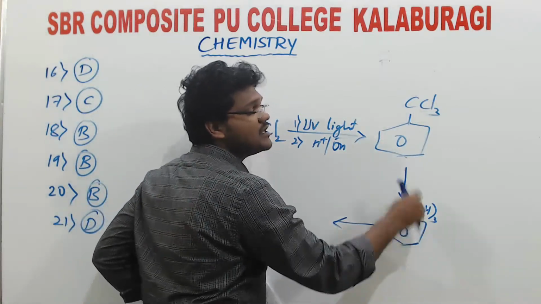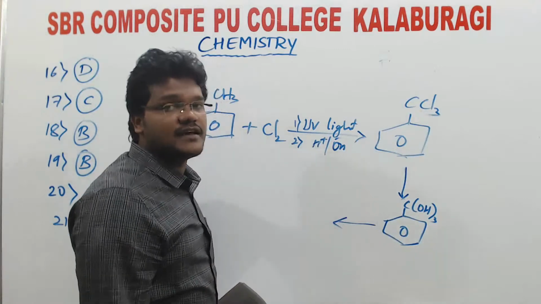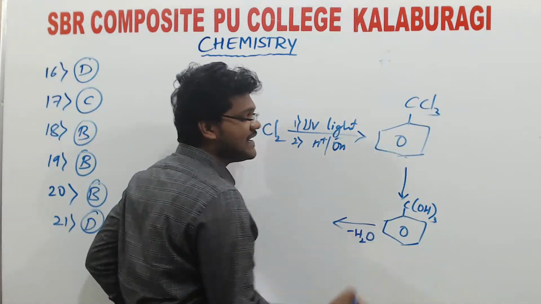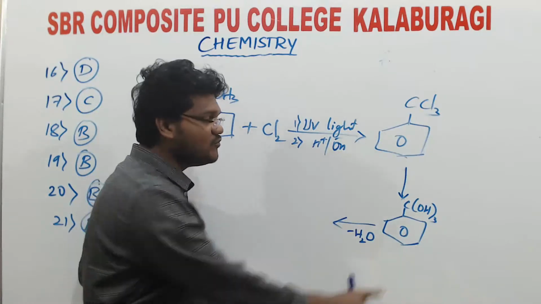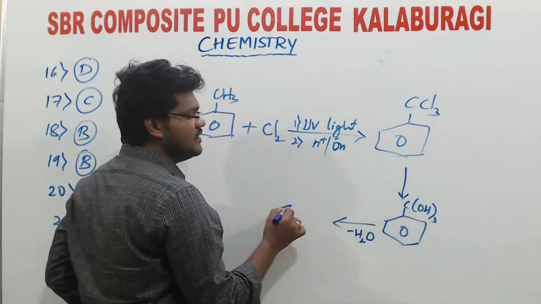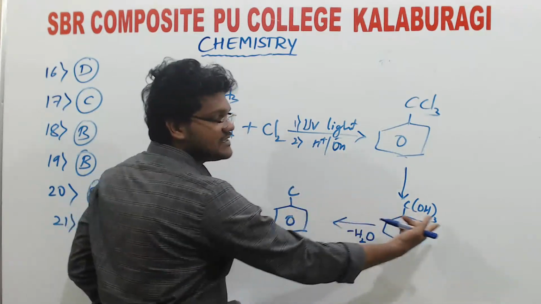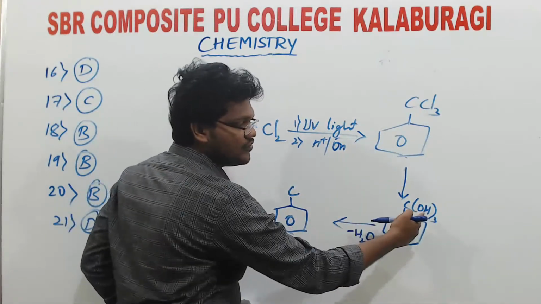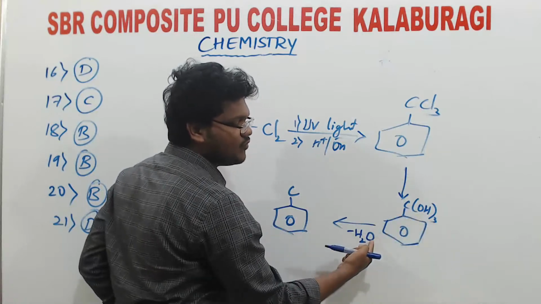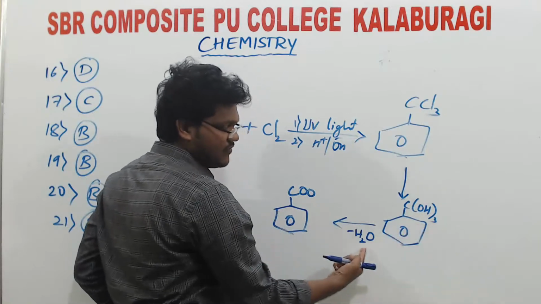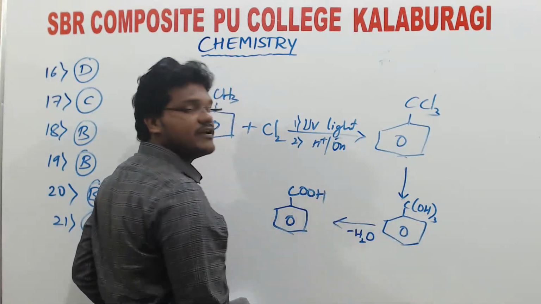Because 3 OH groups cannot be present on the same carbon. As they are unstable, to attain stability they will undergo dehydration readily. You remove H2O from this one, remove H2O from that one. OH taken thrice, H2O you remove. There are 3 oxygens, you have removed only 1, so I am left with 2 oxygens. There are 3 hydrogens, I have removed 2, so only 1 is left.